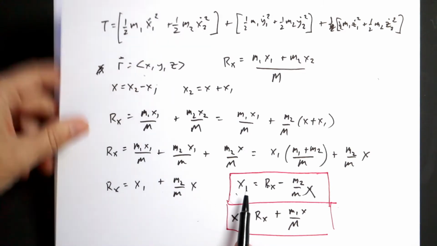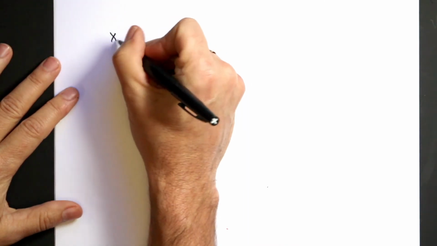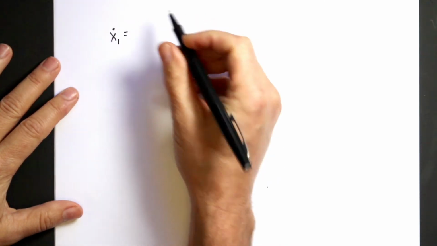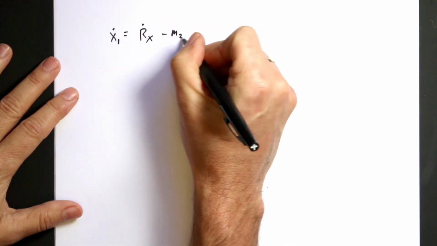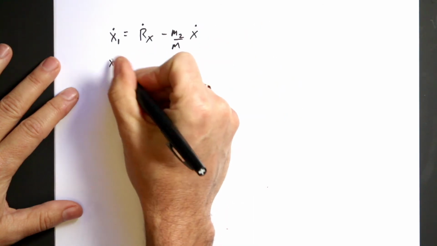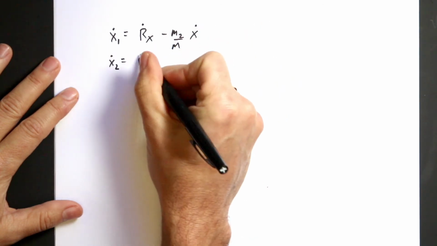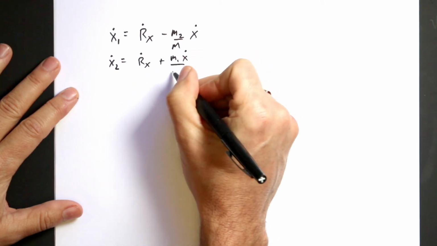That was in my kinetic energy. So that's a pretty easy derivative to take. x1 dot, the derivative with respect to time, is going to be Rx dot minus m2 over M x dot. And then x2 dot is Rx dot plus m1 x dot over M.